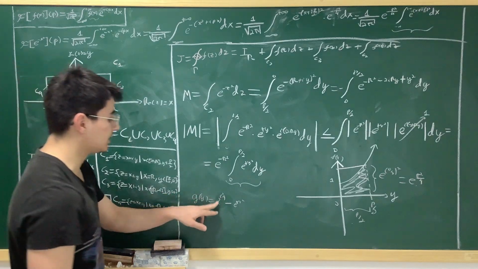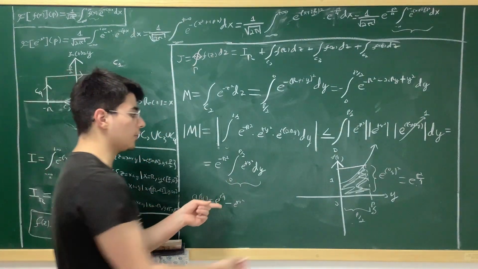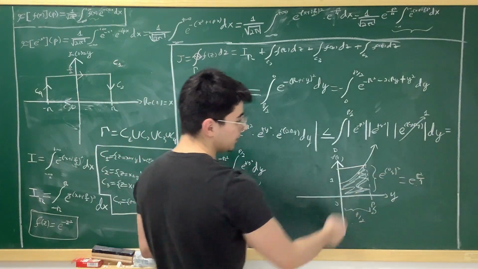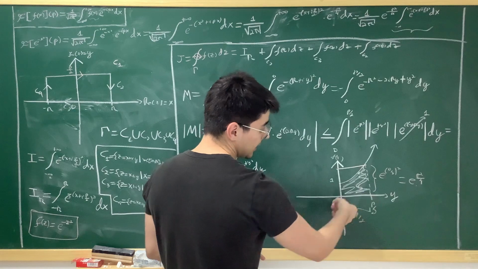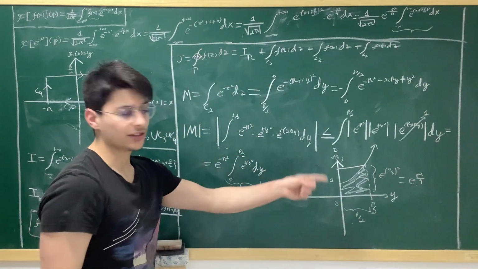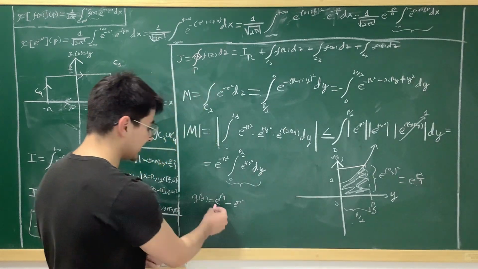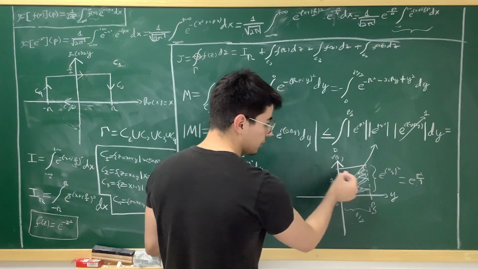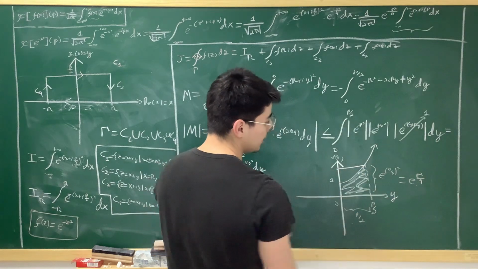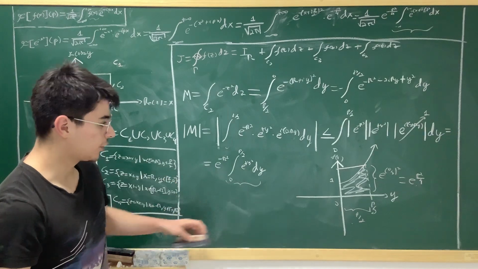From here you will see that this function is continuous because this function is continuous and this function is continuous. What it gives you is the difference in height at every point. If you do it in this interval, you will see that it is always positive, which means that this term is always bigger than this term, meaning that this function is always bigger than this function, so the area is going to be bigger. But I'm not going to get into that.